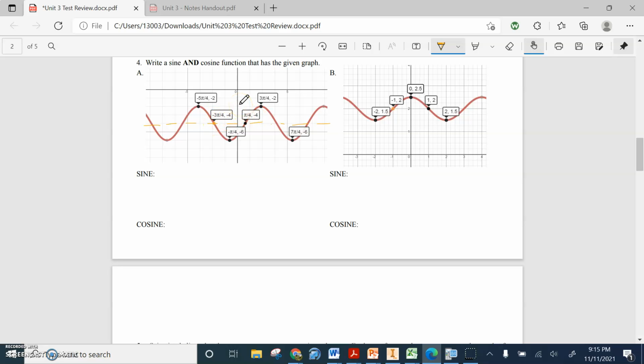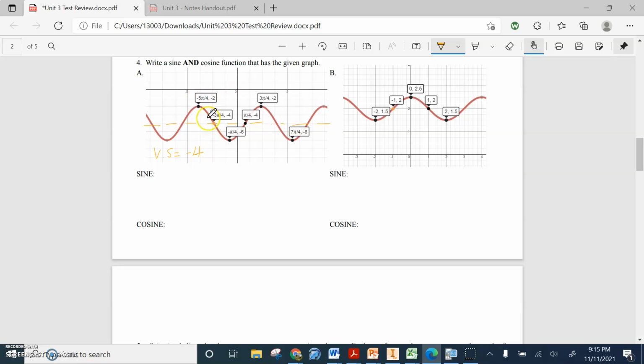So what that tells me is my vertical shift is down 4.